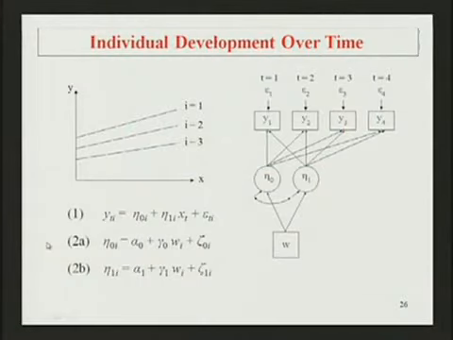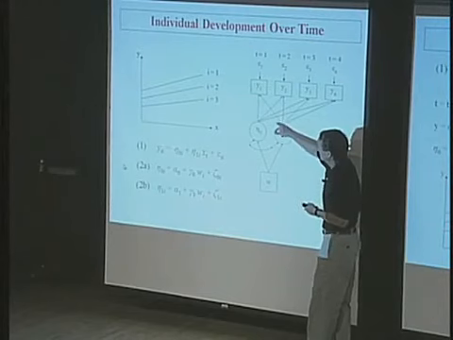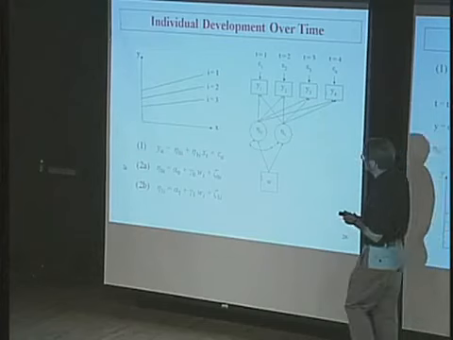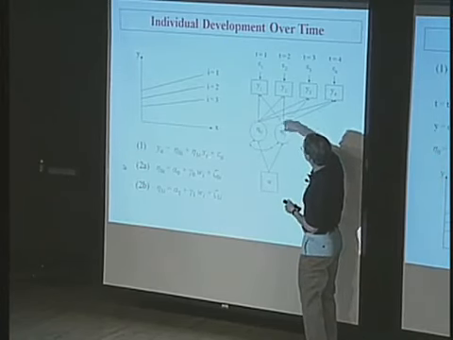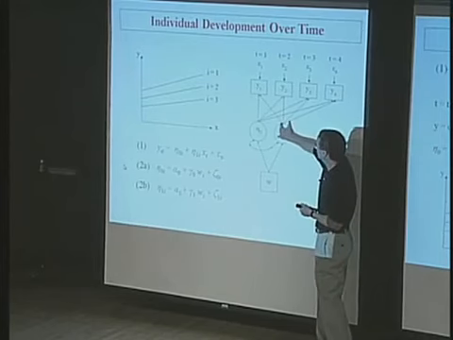So the paths from eta 0 to the y's are 1, 1, 1, 1. Because it's the invisible unit multiplier for all time points for eta 0. But for eta 1, the multipliers are x: x1, x2, x3, x4, sitting over here.